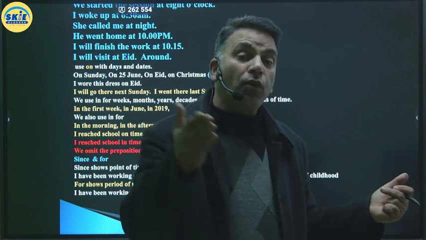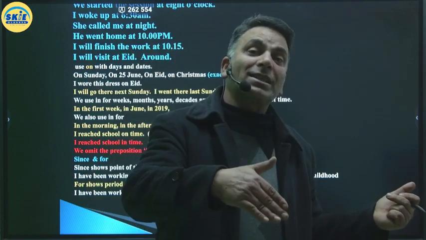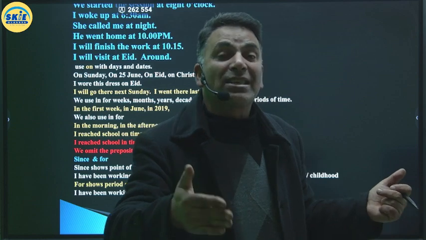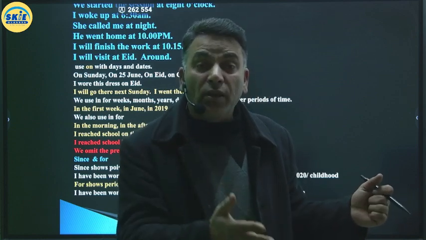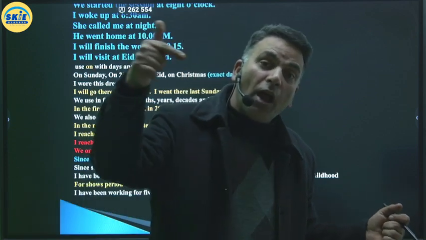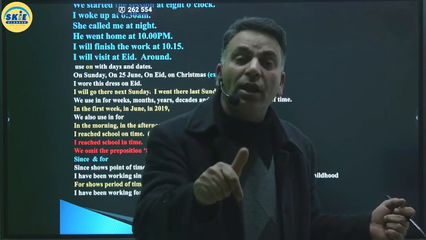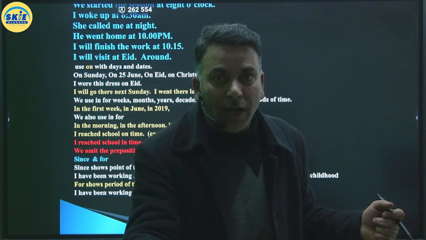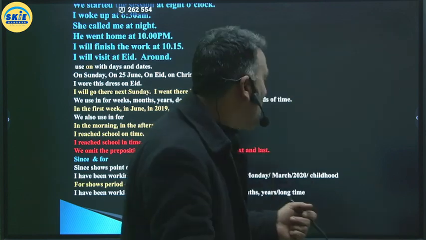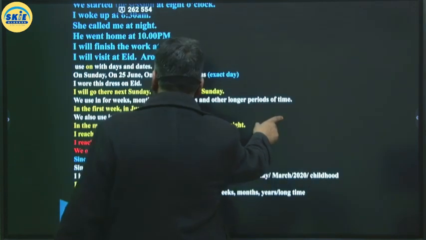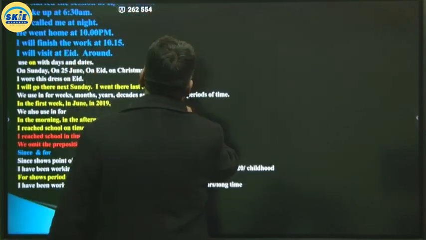But I can say the same thing, I have been waiting since 3 p.m. I have been waiting for 1 hour. So for shows the duration, since shows the point of time of beginning, the point of start. Alright guys? So that is a bit about since and for.